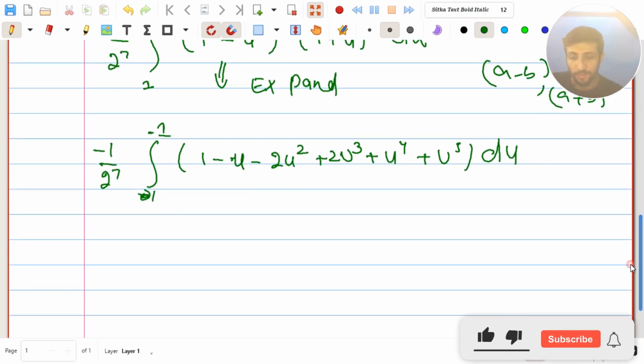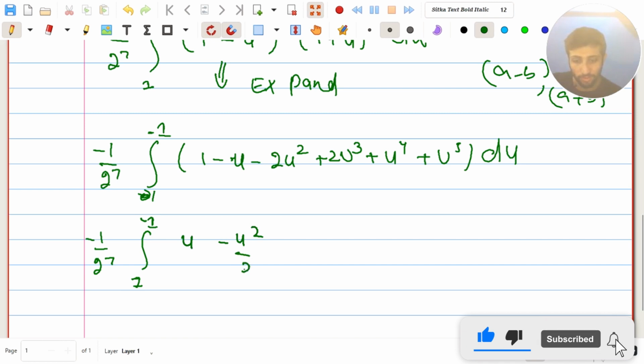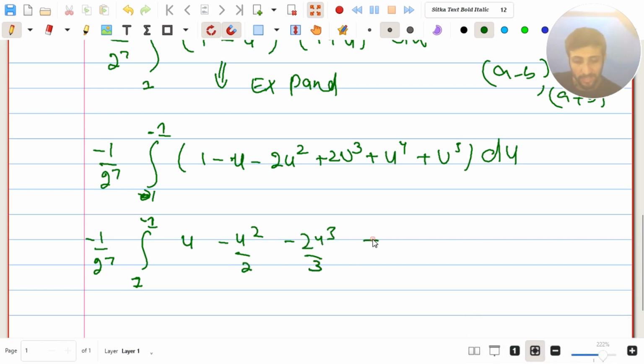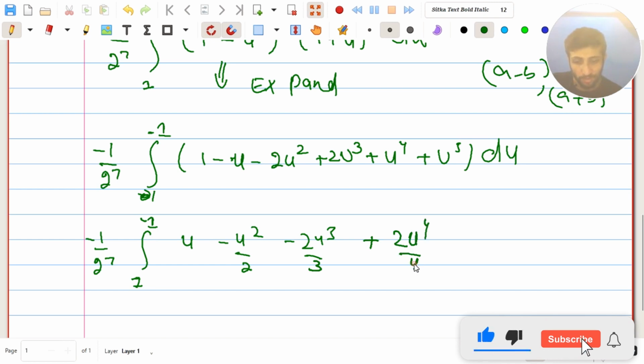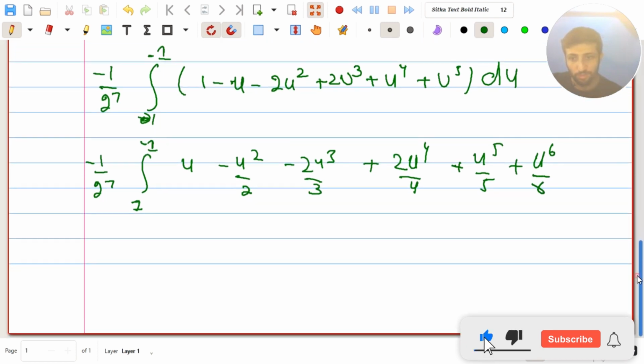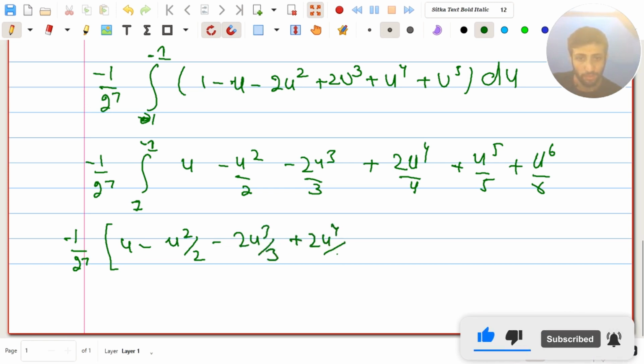Whenever you integrate this, you will get u minus u squared over 2 minus 2u cubed over 3 plus 2u to the power 4 over 4 plus u to the power 5 over 5 plus u to the power 6 over 6, over the limit 1 to minus 1.